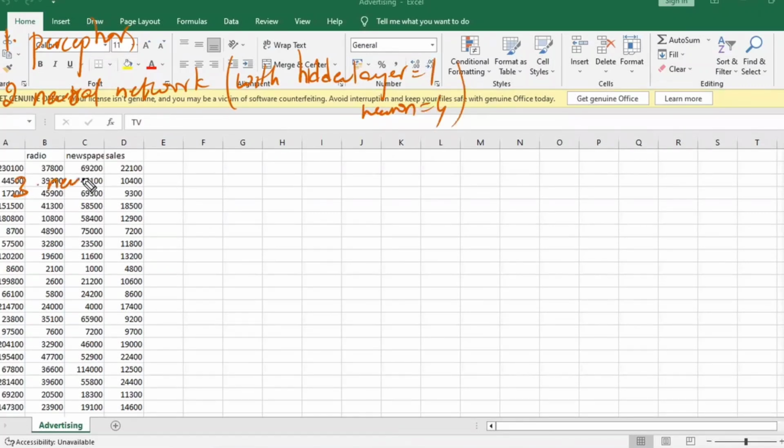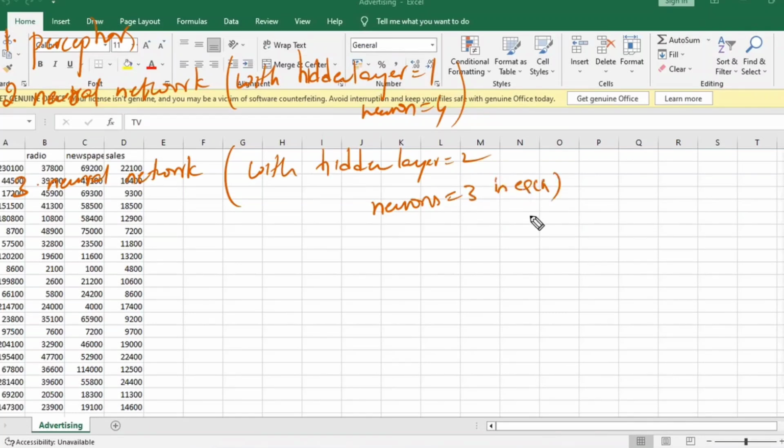Question 3, I want to create a neural network with number of hidden layers equal to 2 and neurons equal to 3 in each. This is my requirement. How to create the models?